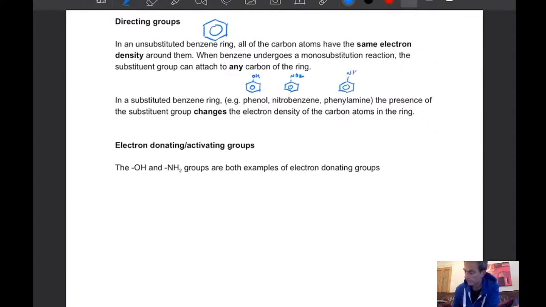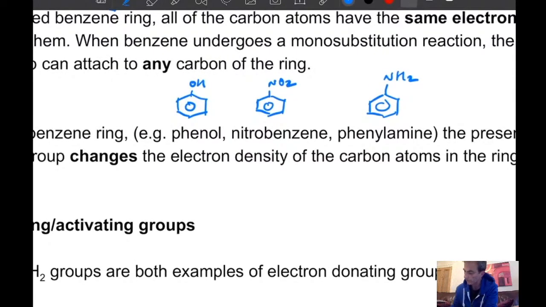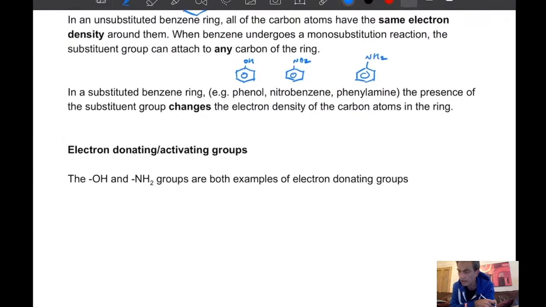Just zoom in a little bit so you can see them more clearly. In a substituted benzene, the presence of the substituent group changes the electron density of the carbons in the ring. The presence of that affects the electron densities of these carbons. So hopefully that makes sense.